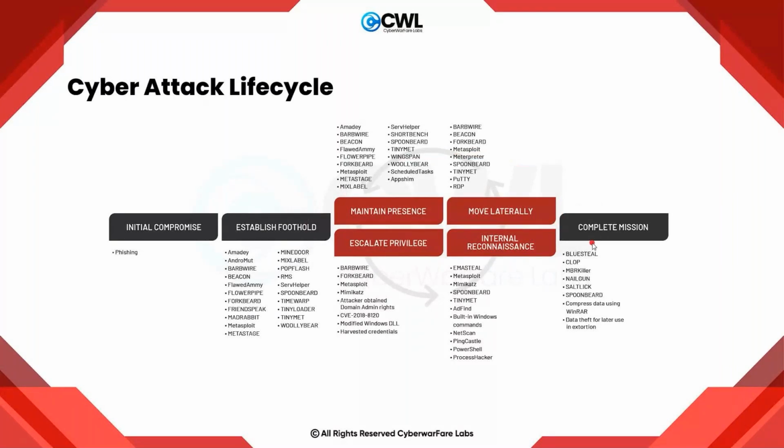Maybe the network is so huge that the machine they have compromised may not have whatever is required to achieve their mission, which is why they have to dig deeper into the network to achieve their goal. So for that, they will try to escalate the privilege before the lateral movement.